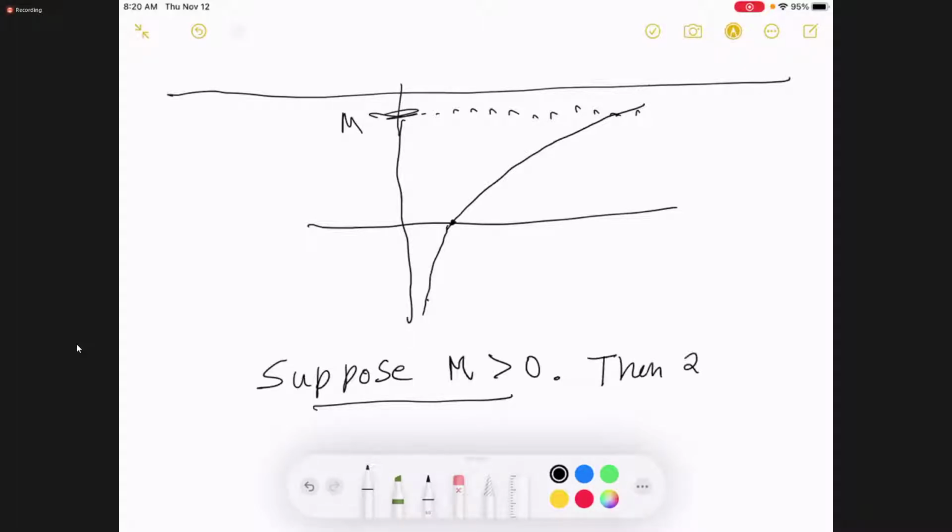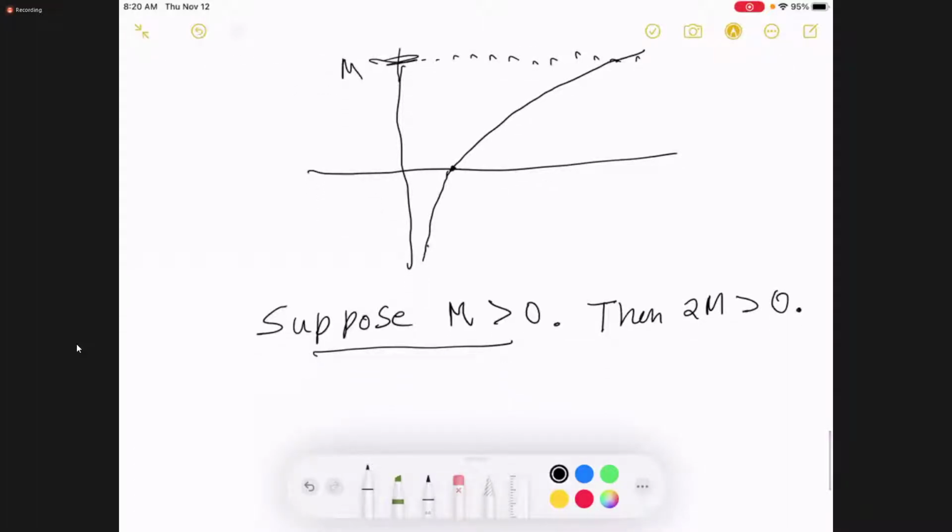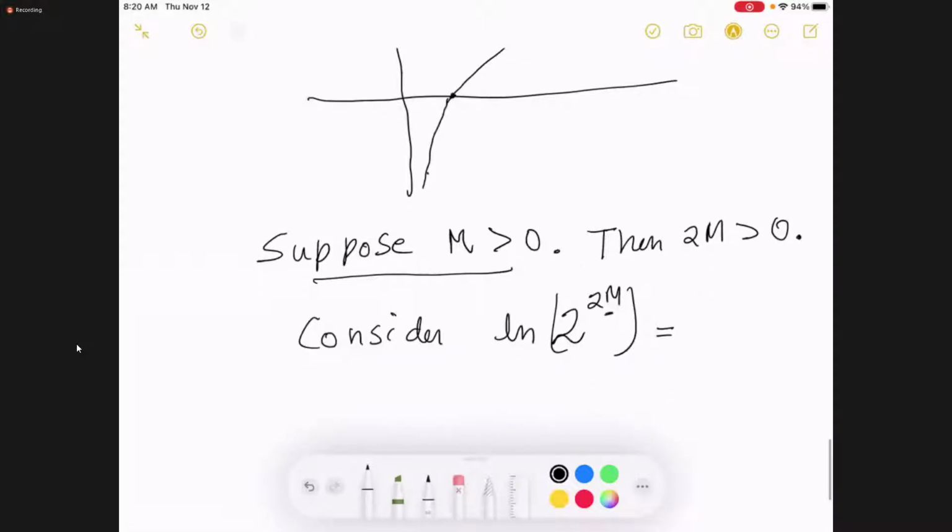Okay, then 2m is bigger than 0 too. So in fact, that's even bigger than m. And we want to consider ln of 2 raised to the 2m. Well, from the algebra rules we just proved, I can bring that 2m down.